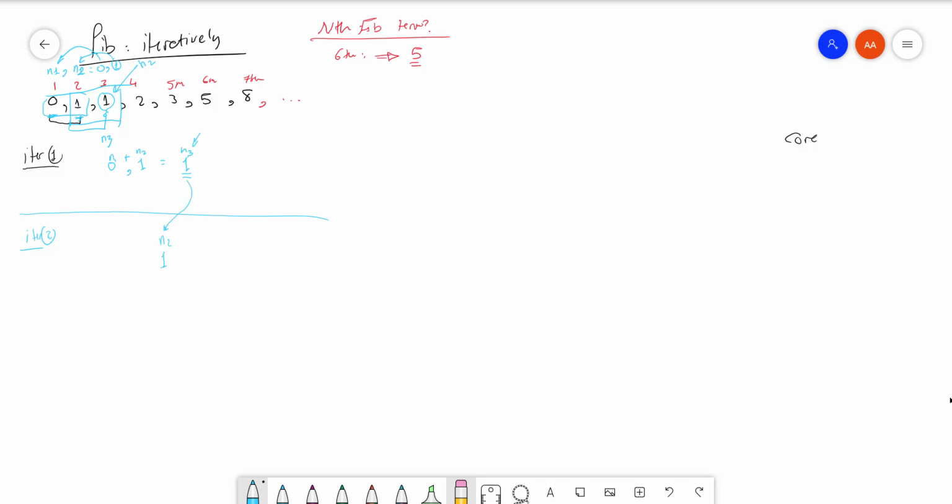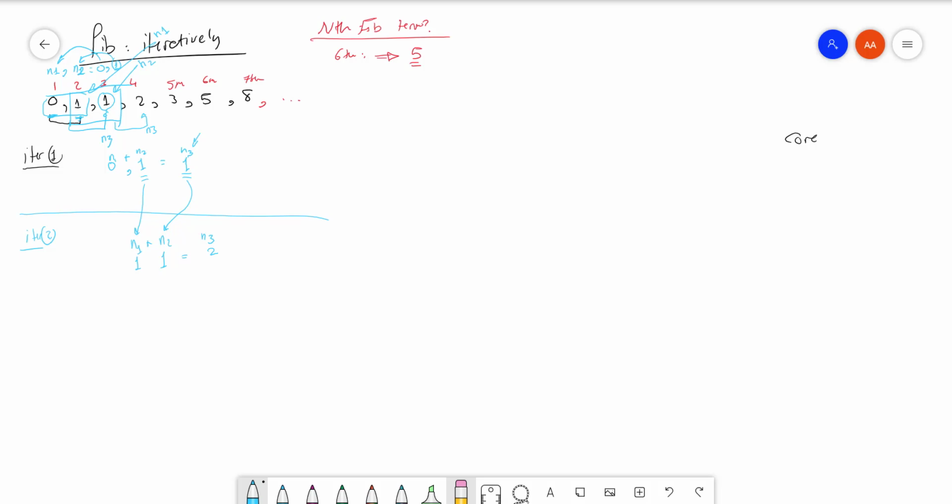And accordingly, what was n2 in the previous iteration is going to be n1. So what was n2 is going to be taken as n1. And the addition between those two is going to be n3, which in this case is going to give you 2, right? So this is n3 in this iteration, which is 2.